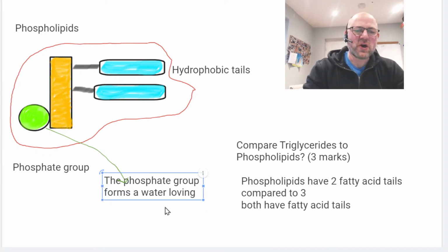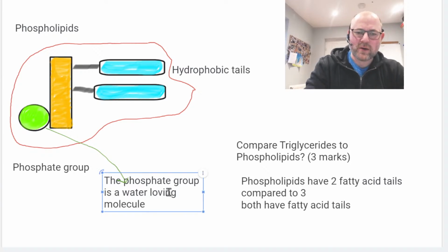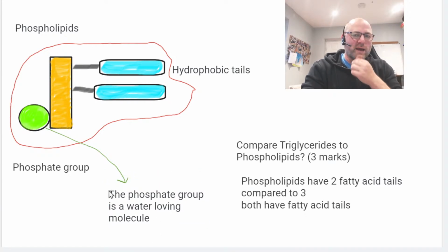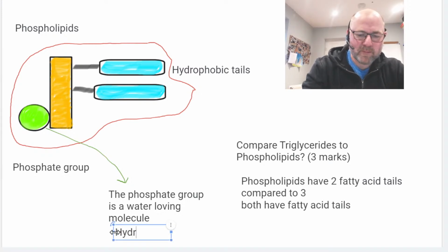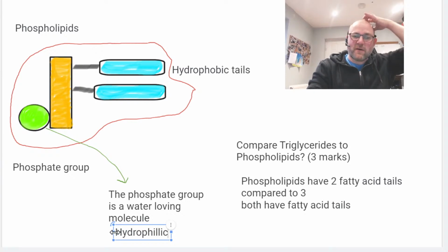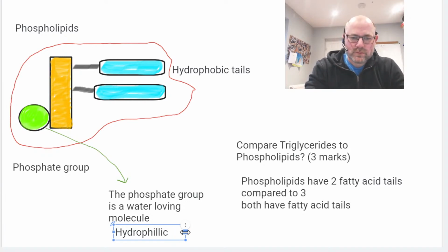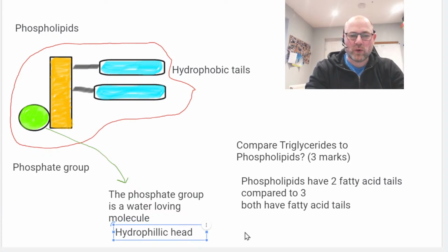Why a head? It's just a word we use. So the phosphate group is a water-loving molecule. It's attracted to water. Instead of hydrophobic, we call it hydrophilic, and phil or phile means love. It's sometimes called a hydrophilic head. It loves water.